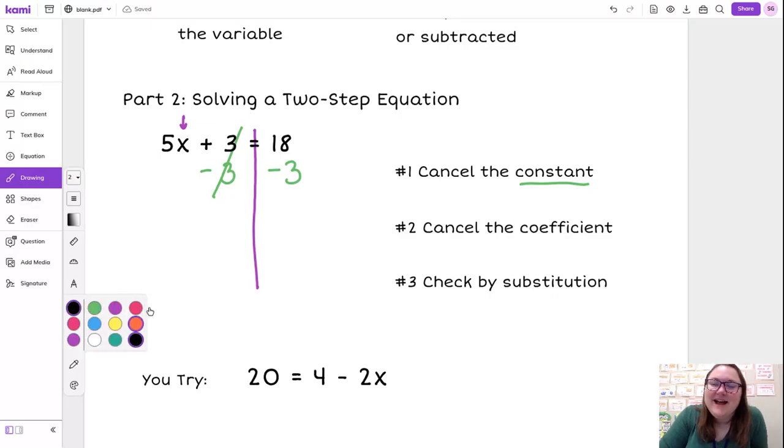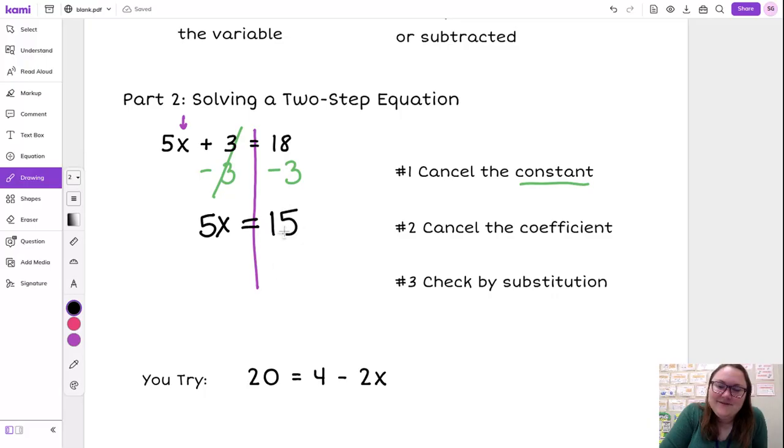I then want to copy everything else in my equation. So the difference with two-step equations is before we would have our answer after this, but I still have a second step because I copy 5x on the left side, and on the right side it says 18 minus 3. I copy down the answer, 15.